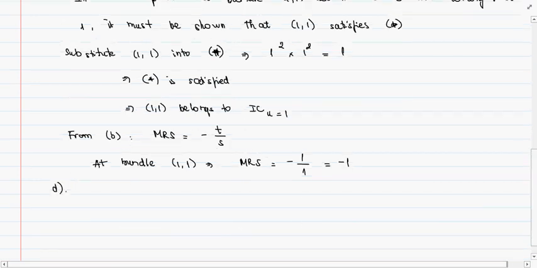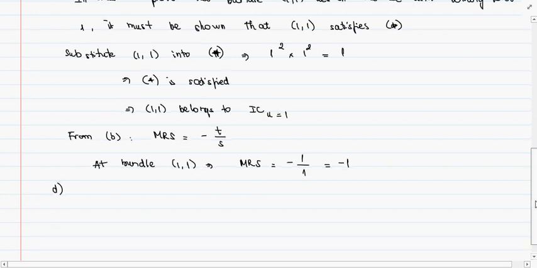Okay, so part D asks which, if either, of the following statements is true. The marginal utility of root s is always decreasing for the utility functions that represent well-behaved preferences. Now if you look back at our utility function, in this case it is a utility function that represents well-behaved preferences. So is the marginal utility of root s always decreasing?